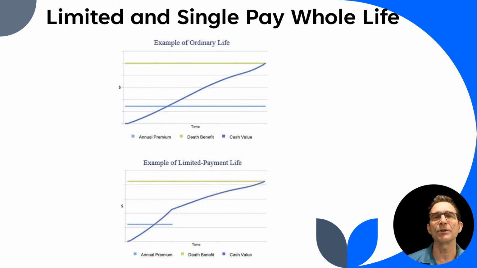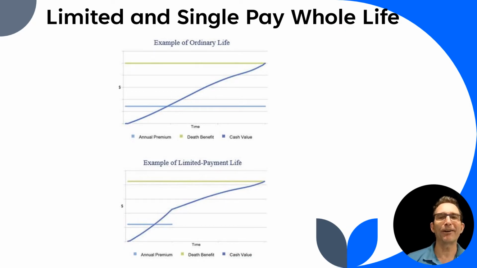Same thing here. It's just giving the policy owner, the insured, an option to, in a sense, pay those premiums off sooner. Now, as you might imagine in that scenario, those premiums then are going to be higher, just like if you wanted to pay a loan off sooner, you're going to pay higher premiums in that shorter period of time in order to reach that goal.